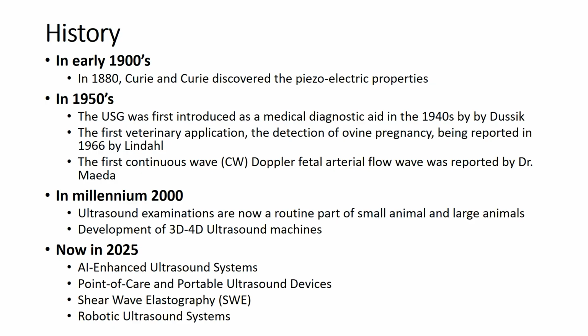Some other important features are also added in new ultrasound machines, like shear wave elastography. Elastography can be used to measure fibrosis of an organ. The robotic ultrasound system is also used nowadays.